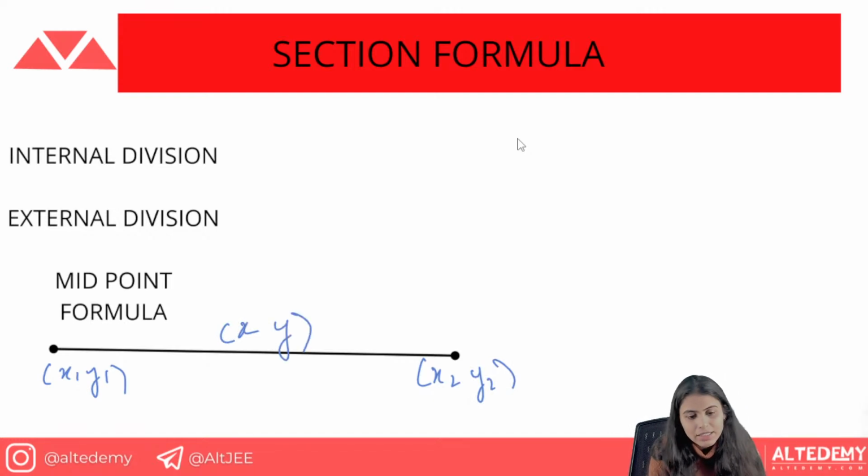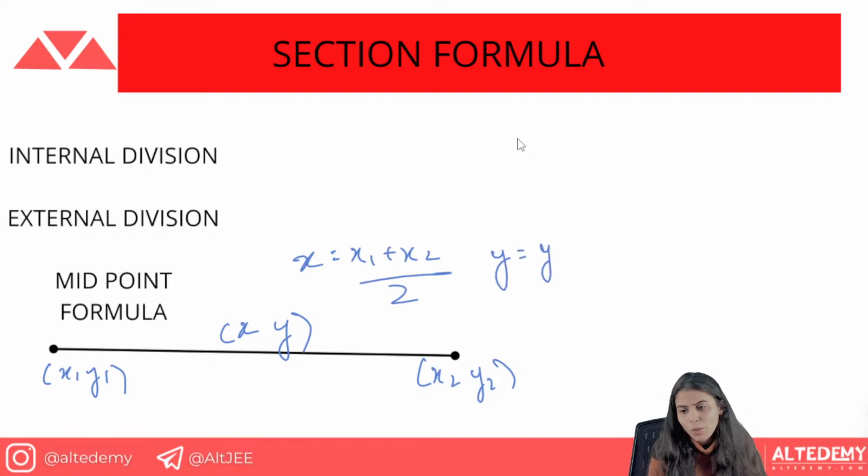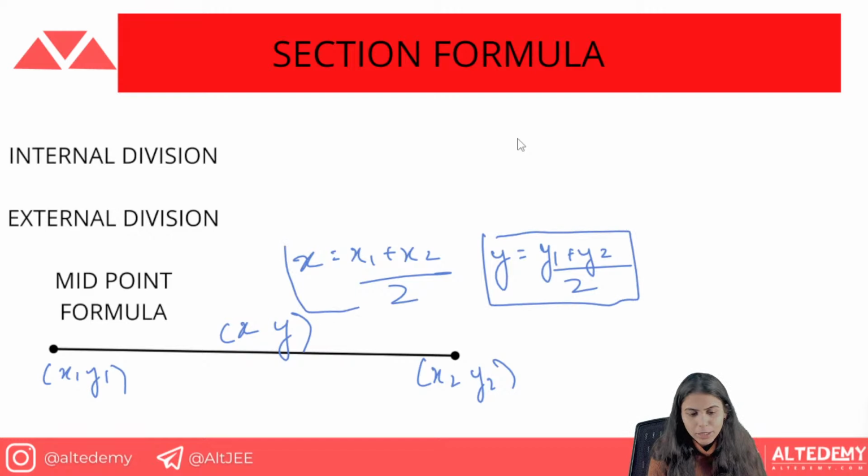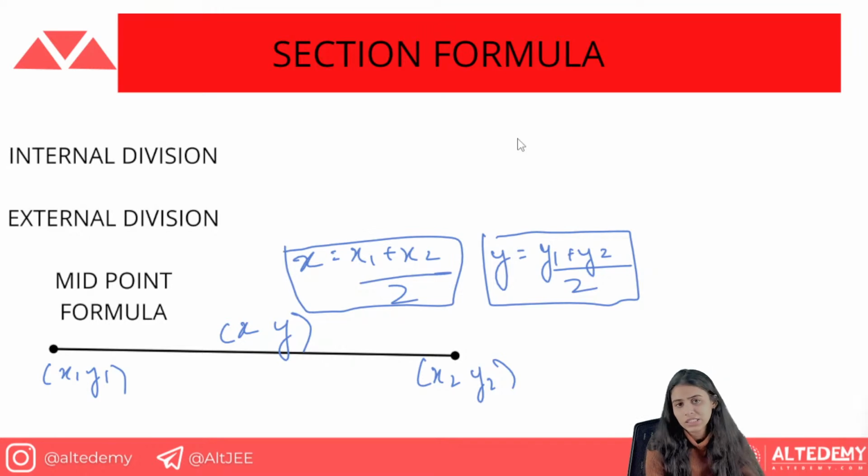That can be written as x is equal to x1 plus x2 by 2, and y is equal to y1 plus y2 by 2. This is the midpoint formula which you have been studying from junior classes, and it is very important for every complex question. Maybe this is the last basic thing which you need to study.